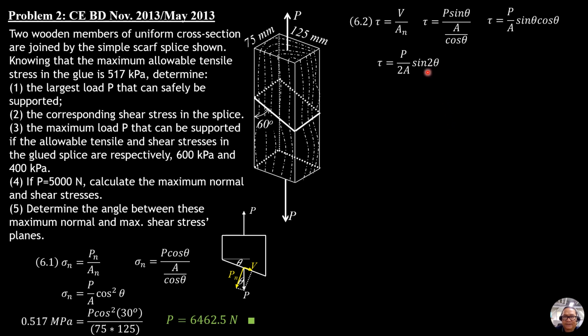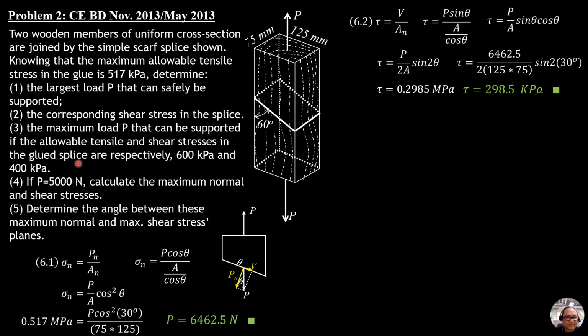Therefore, this is the direct shear stress formula for that case. So shear stress is 6462.5 divided by 2 times area 125 by 75, then sine of 2 times 30 degrees. Solving, it is equal to 0.2985 megapascals, times 1000 to convert to kilopascals, 298.5 kilopascals.